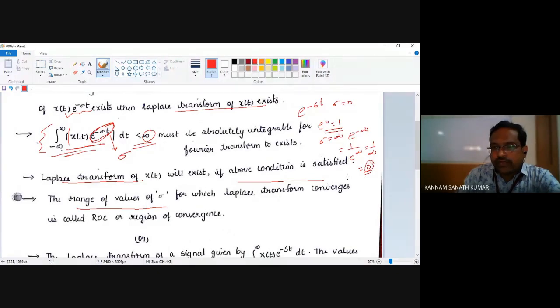When sigma equals minus infinity, you get e power infinity.